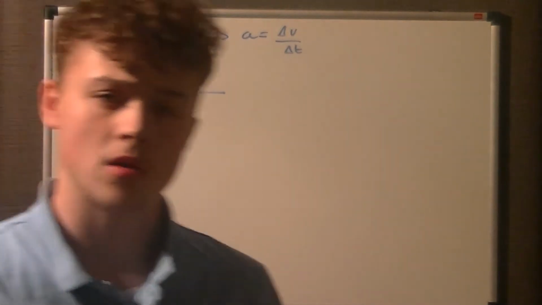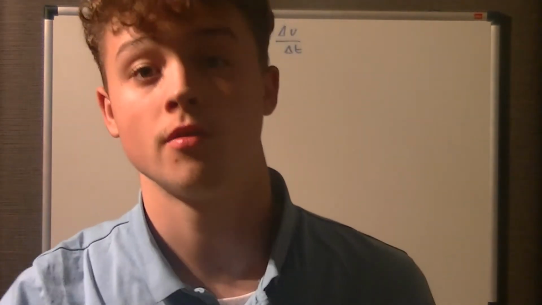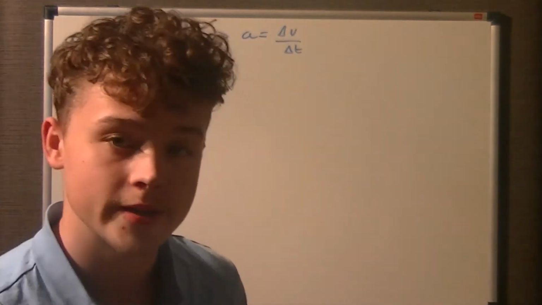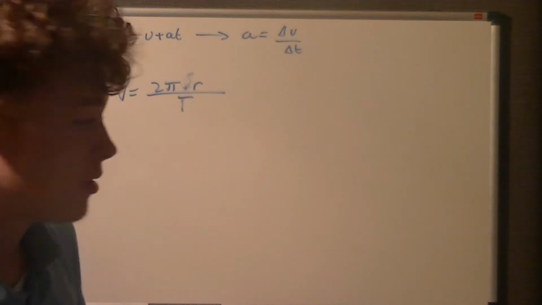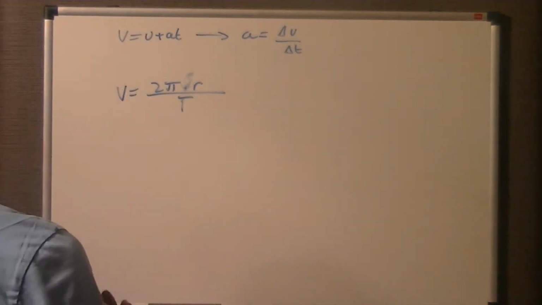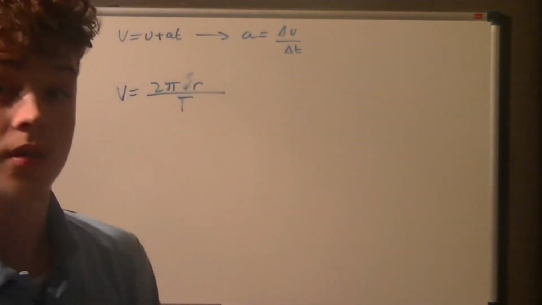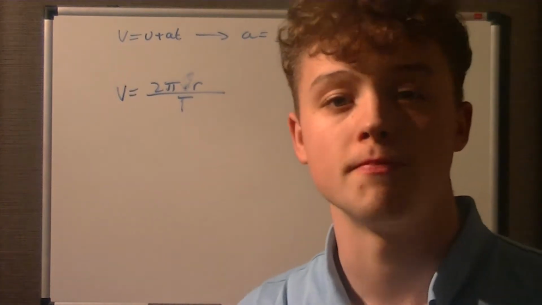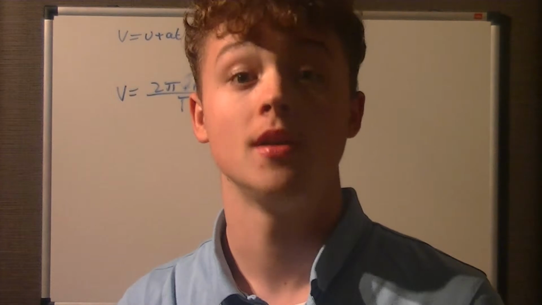So you may be asking, what's t? t is the time period for it to get round the Earth once. v is the velocity, r is the radius, and pi is 3.142, etc. That is the velocity when it's going round, assuming it's constant. So therefore the acceleration would be zero.